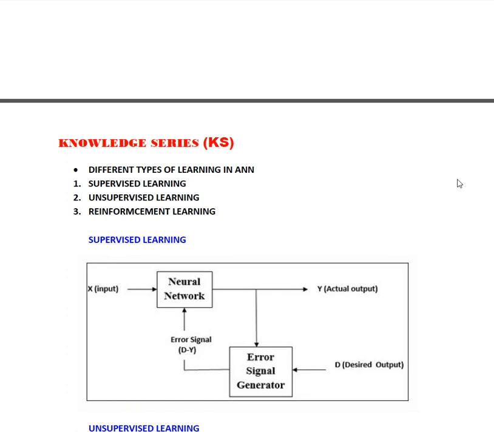If the output matches the expected response, then we term it supervised learning. We'll see it in the block. In unsupervised learning, more or less similar input vectors are assigned to the same output unit. That is unsupervised learning. Reinforcement learning is what exactly it means.